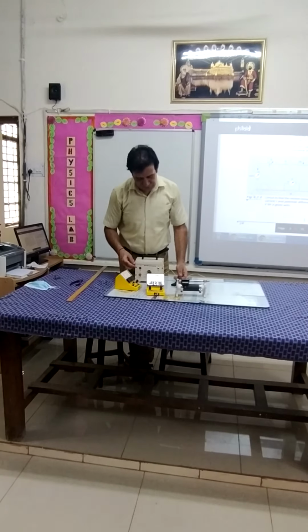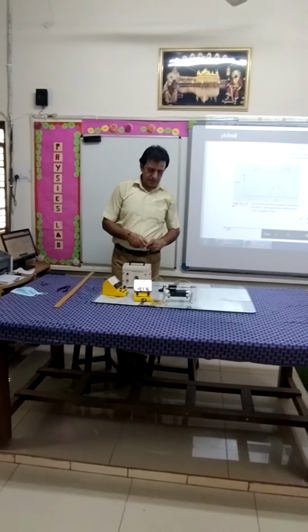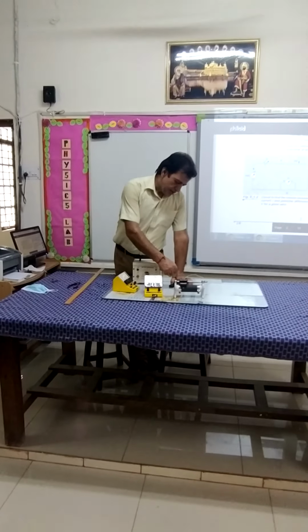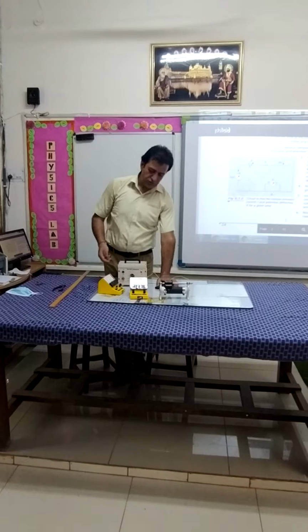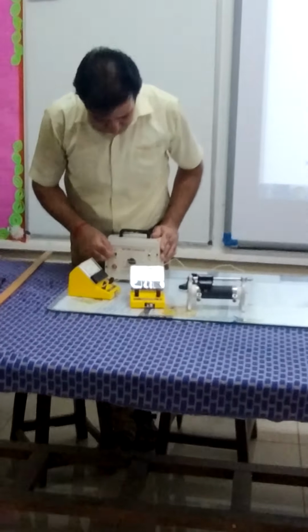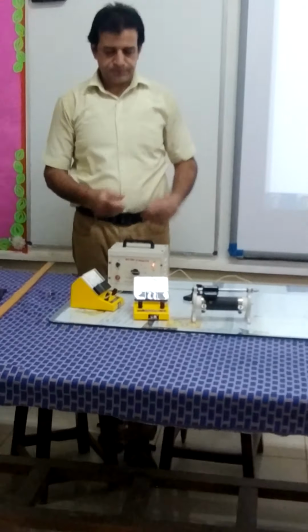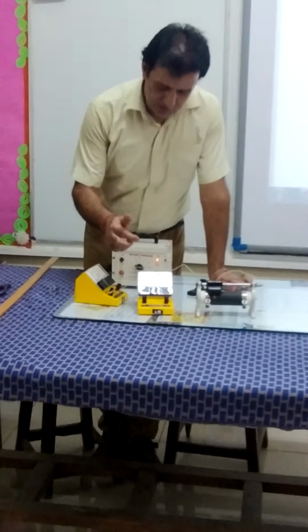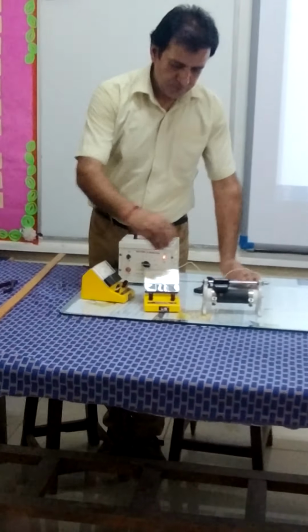Now we have to start the circuit. So first of all, insert this key to complete the circuit. Now the circuit is closed. Now switch on the battery. What we are getting is a small deflection in the voltmeter as well as in the milliammeter.